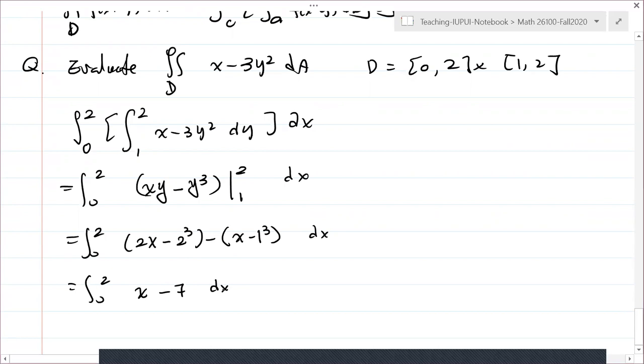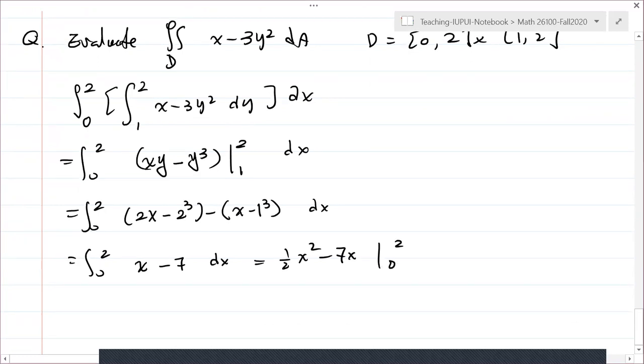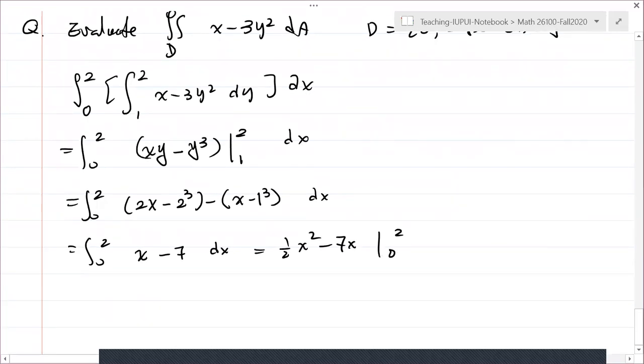Then the antiderivative of this function is half of x squared minus 7x. Then I plug in 2 squared here minus 7 times 2. If I plug 0 for x, I get 0, so don't worry about that. That's 2 minus 14, so it's negative 12.